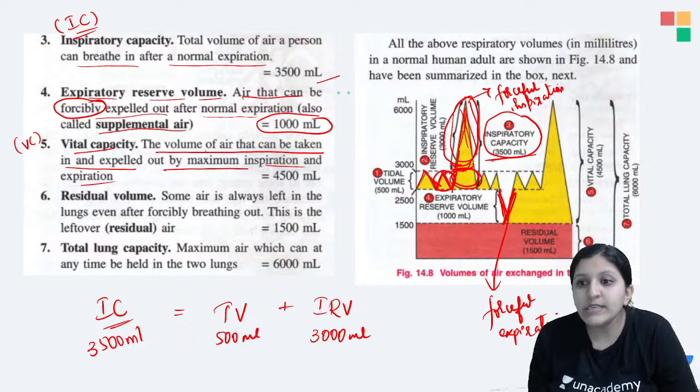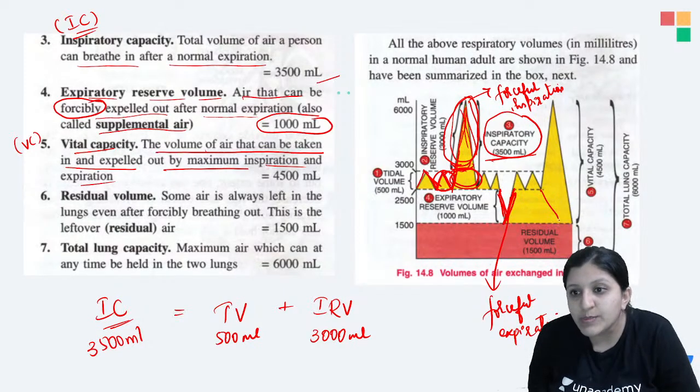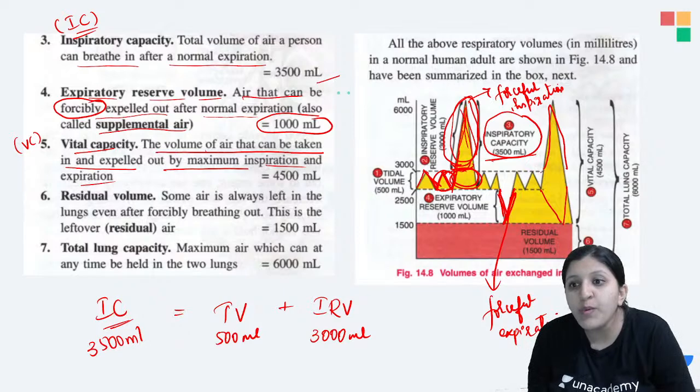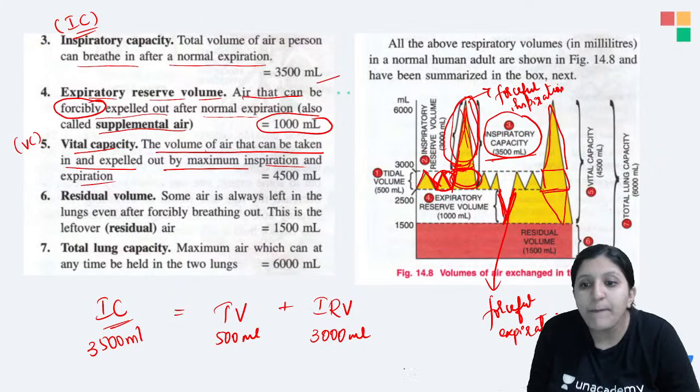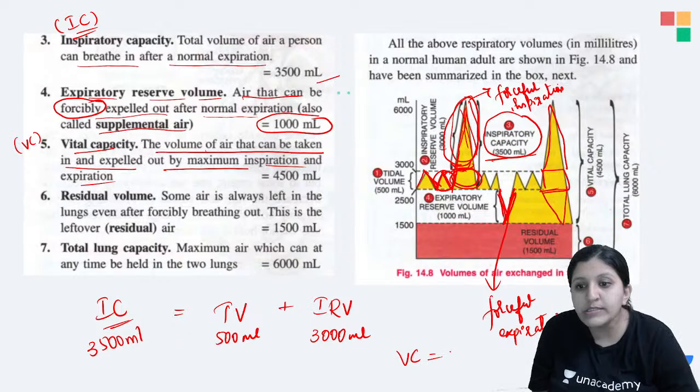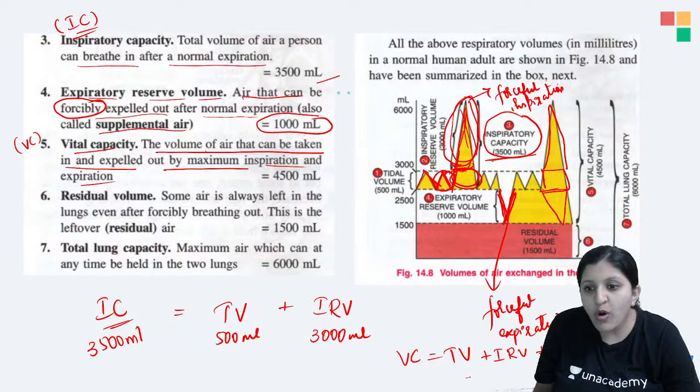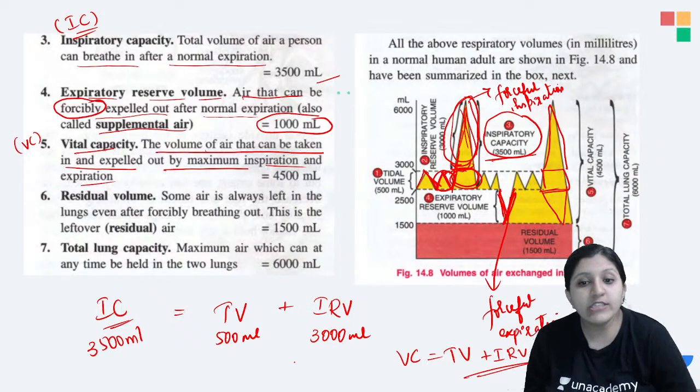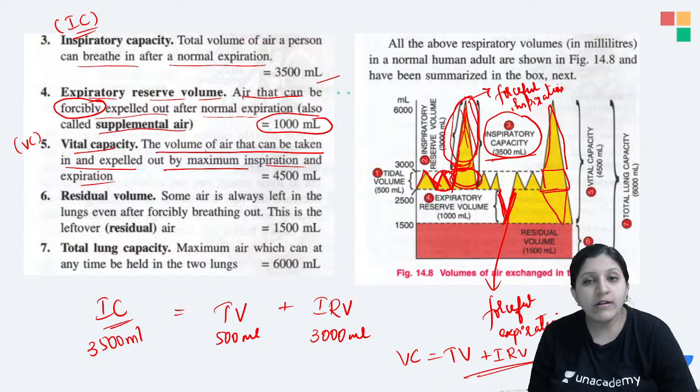As you can see here, this includes the expiratory reserve volume, this includes the inspiratory reserve volume, and this part is the tidal volume. So vital capacity gives us the tidal volume, inspiratory reserve volume, and expiratory reserve volume. All this together gives us the vital capacity.